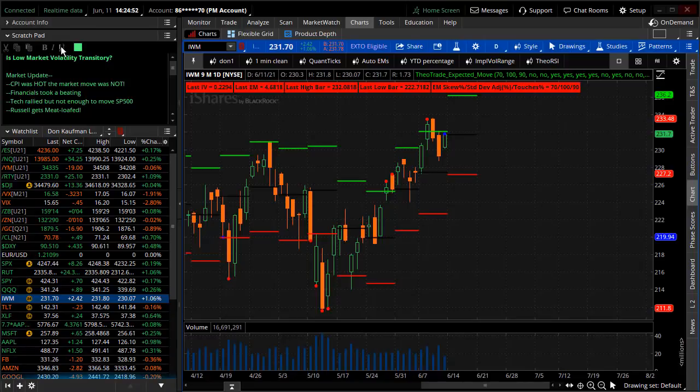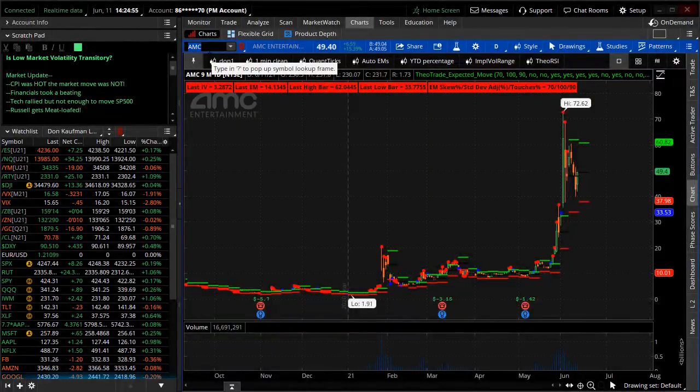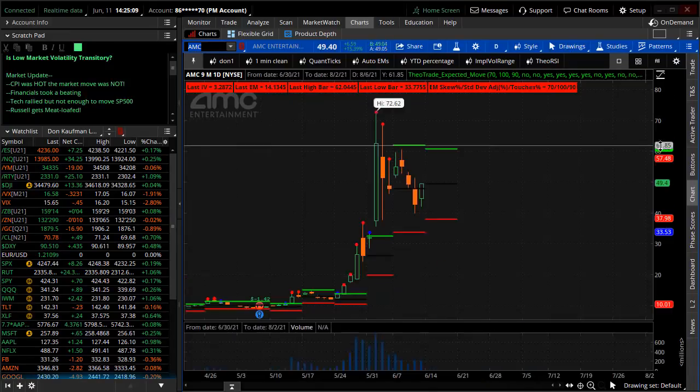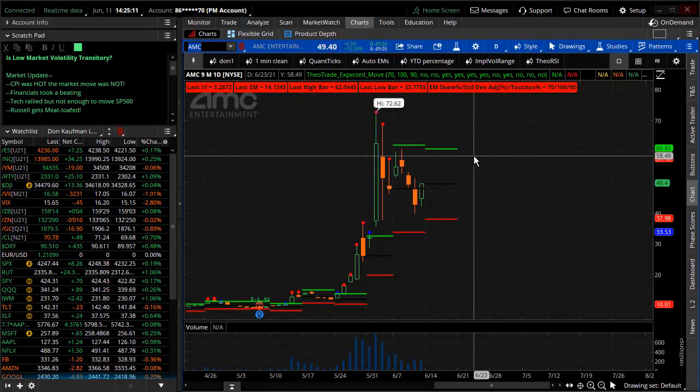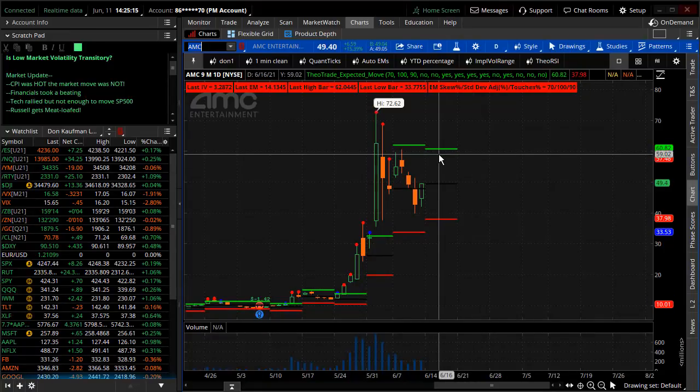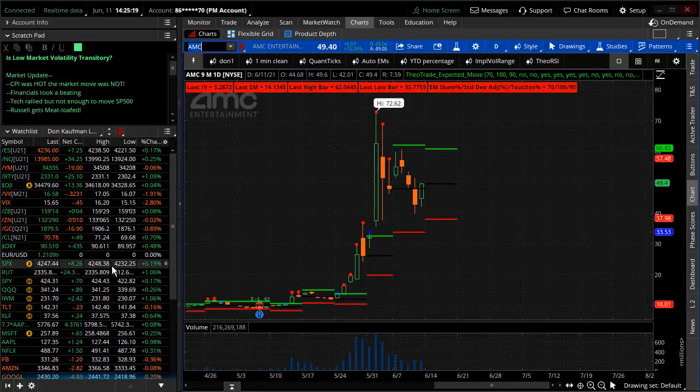When I say it got meat-loafed, there are a number of stocks that everybody's talking about, which is AMC, the Blackberries, Clove. I can go on for a half an hour about these stocks, and I kind of refer to these lately as the mom meatloaf stocks. That is a millennial kind of reference. Nevertheless, these stocks like AMC, their market cap has picked up so substantially that they're having influence specifically over the Russell.